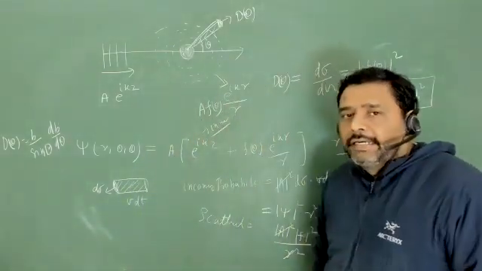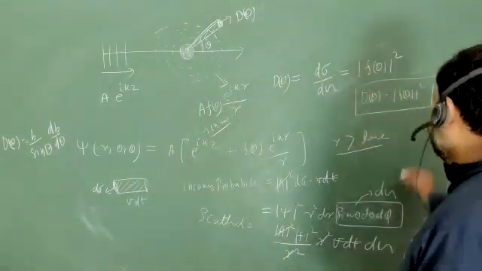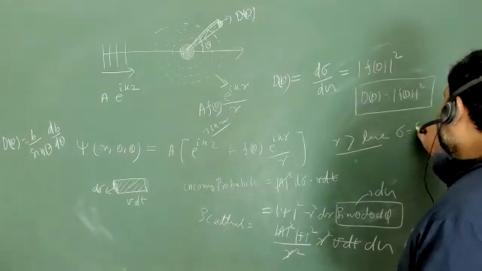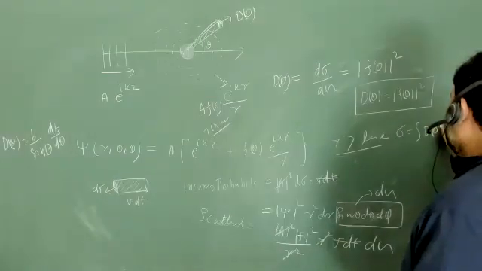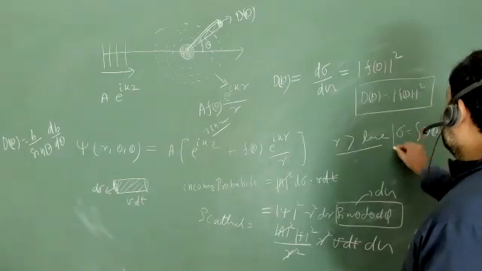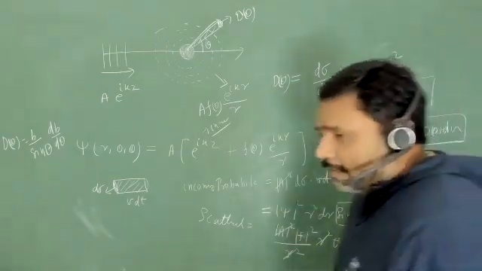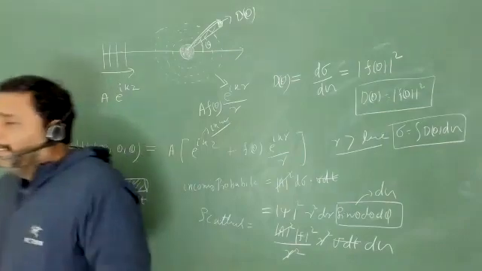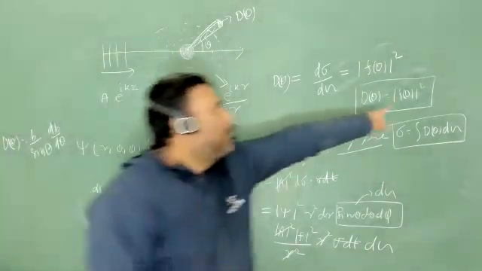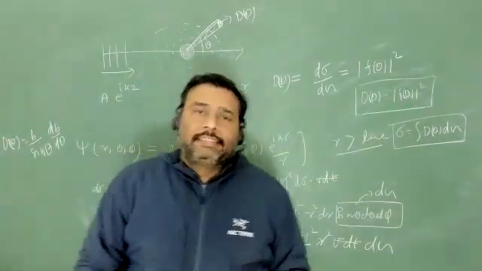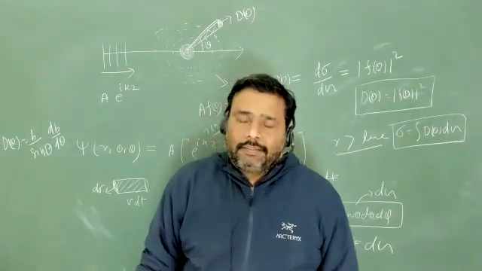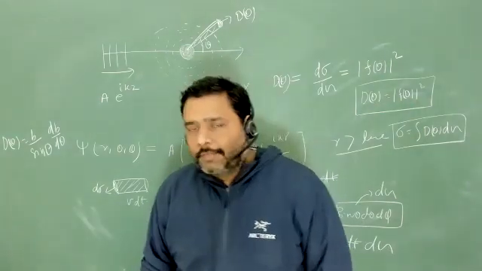And once I can calculate that, then I can easily calculate the total scattering cross section, which will be the integral of d sigma d omega. But calculating d sigma as a function of f theta is a very tedious task. It is not so simple.